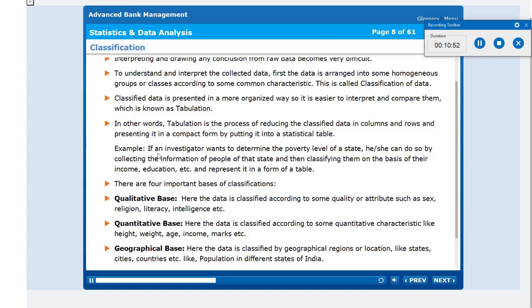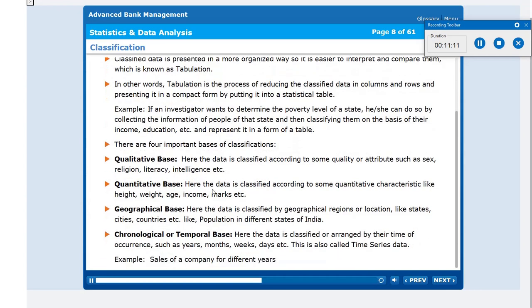Example, if an investigator wants to determine the poverty level of a state, he or she can do so by collecting the information of people of that state and then classifying them on the basis of their income, education, etc. and representing it in the form of a table. There are four important bases of classification.